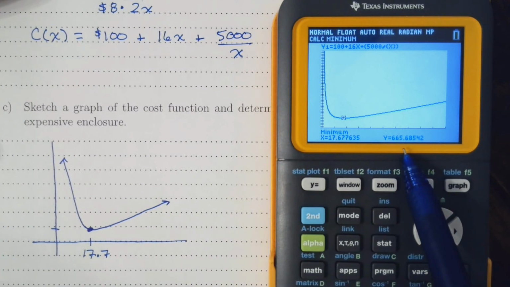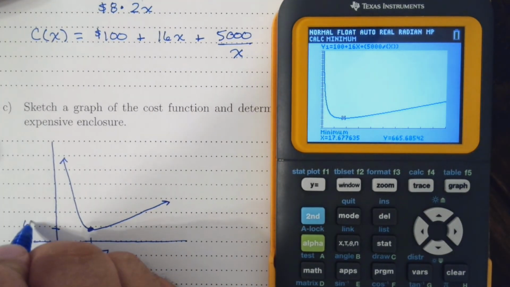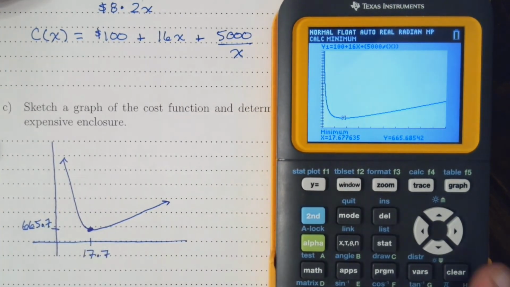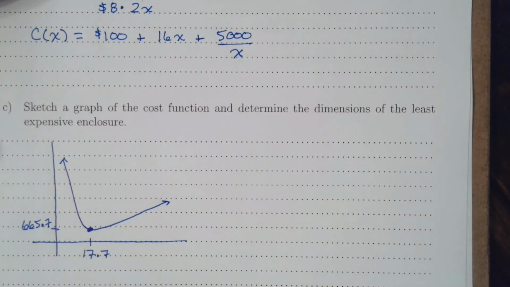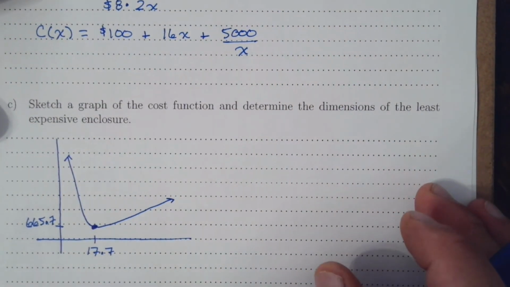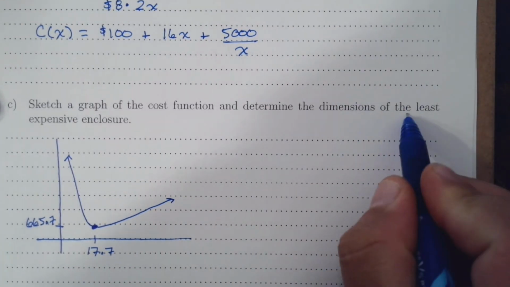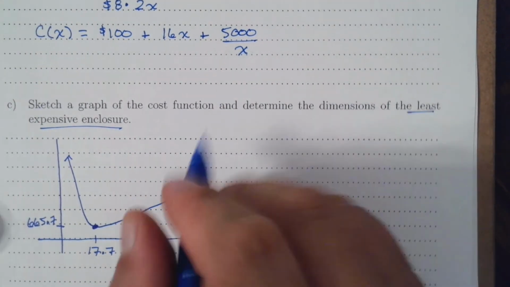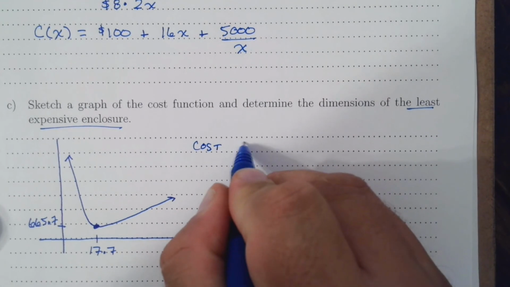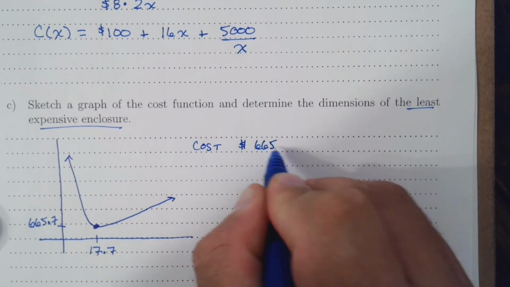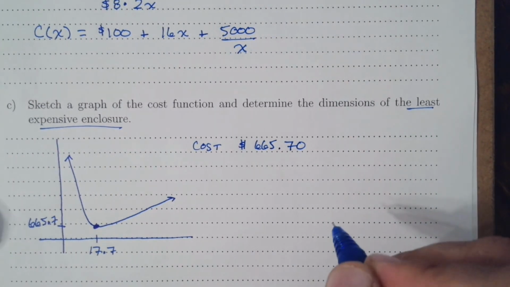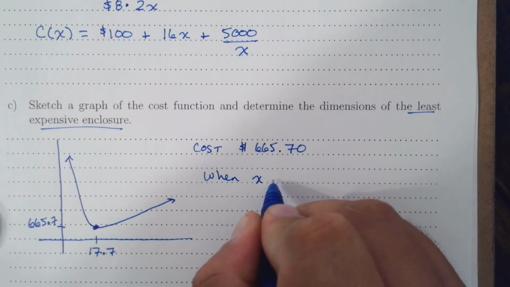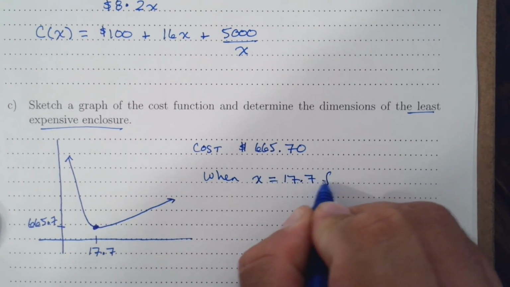It gives me this minimum, where the x value is about 17.7 and the y value is about 665.7. So what does this tell me? This tells me that the least expensive enclosure is going to cost approximately $665.70, and that will be when x is equal to 17.7 feet.